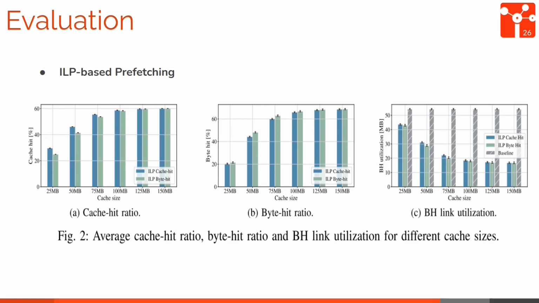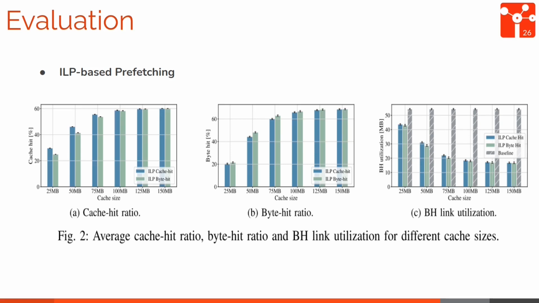The average cache hit ratio for the smaller cache size is higher for the cache hit objective compared to the byte hit objective. In the discussion part, the author mentioned that the ILP cache hit can make more intelligent content prefetching decisions when there is limited cache storage at the MEC than the ILP byte hit algorithm.